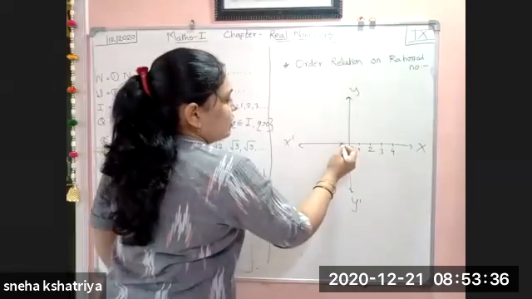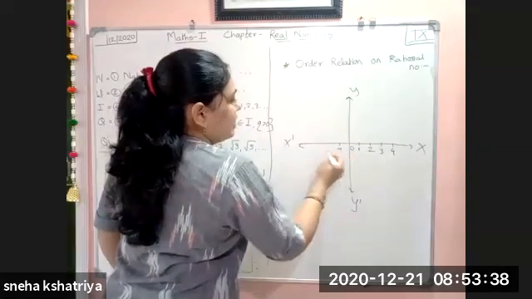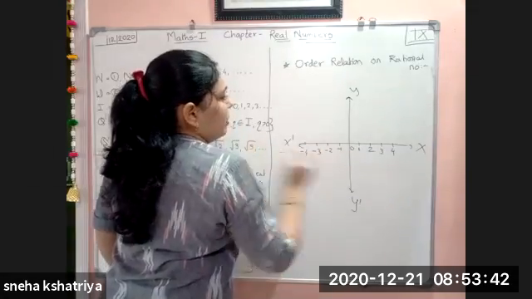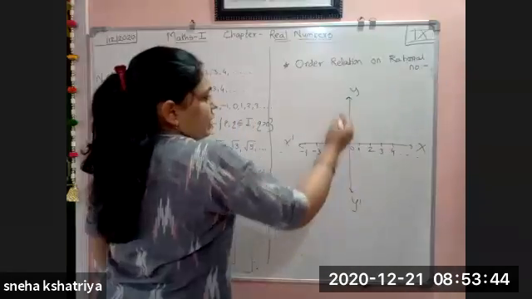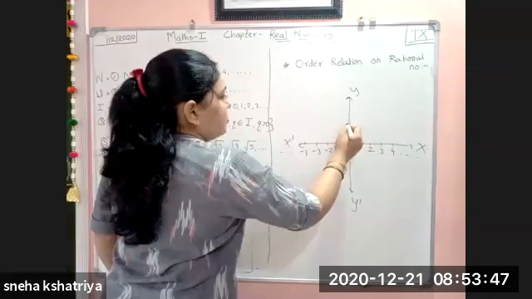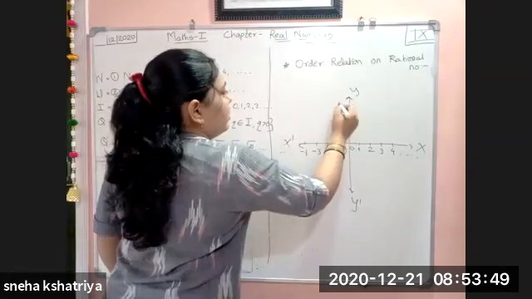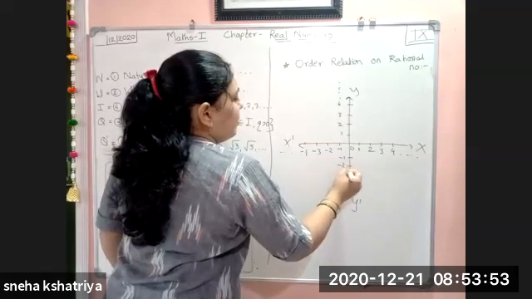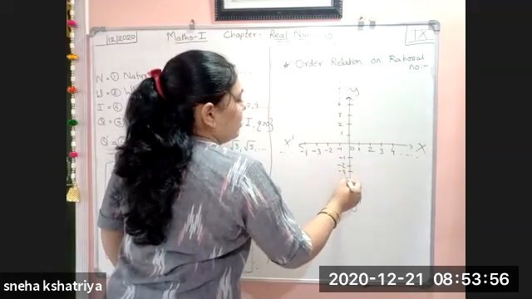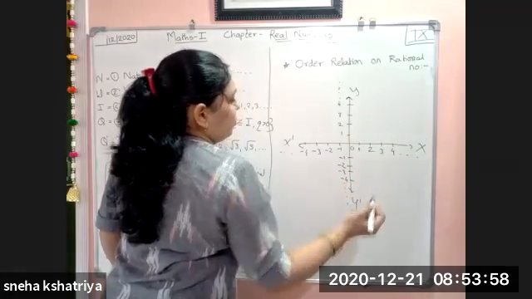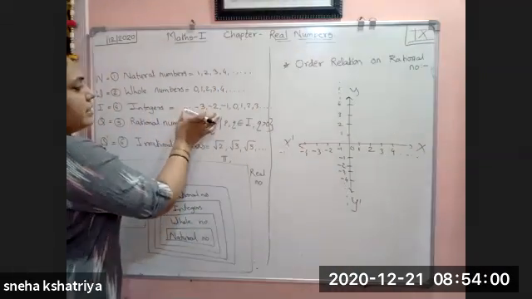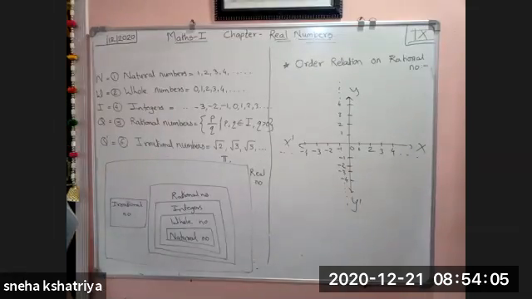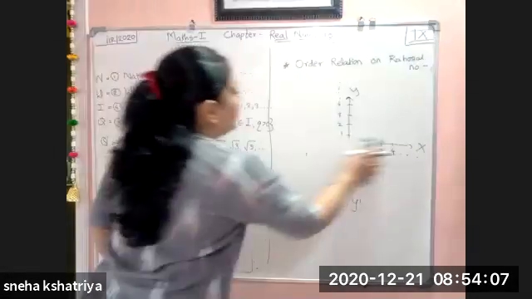But on the negative side, the left side, we write minus 1, minus 2, minus 3, minus 4, and so on. Similarly for the y, upside it is 1, 2, 3, 4, and downside it is minus 1, minus 2, minus 3, minus 4, and so on. So whatever integers are there, they are plotted on the axis.